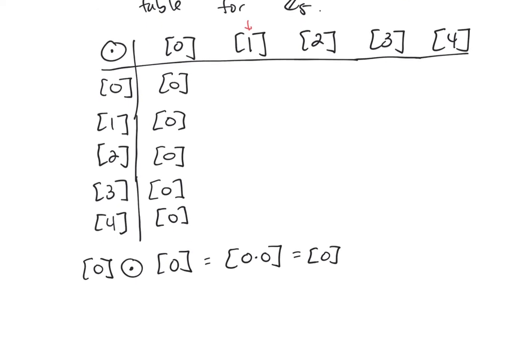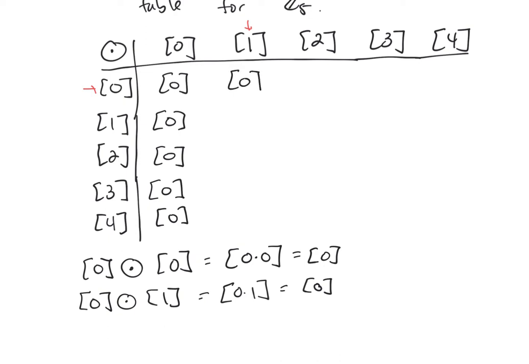All right, so we're going to move to the next column. Again, you're going to multiply. So take 0 times 1, and you get 0. And then you're going to move along down the column.